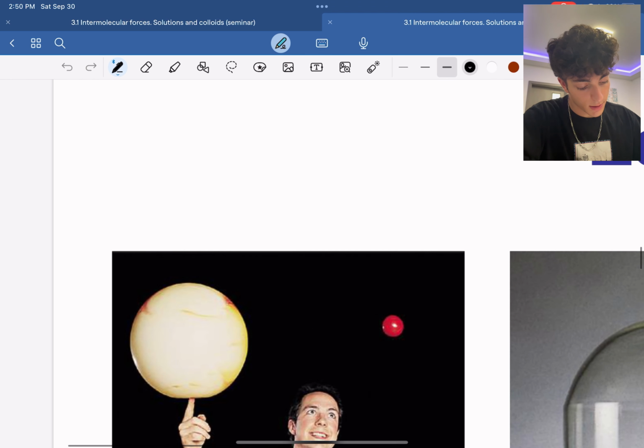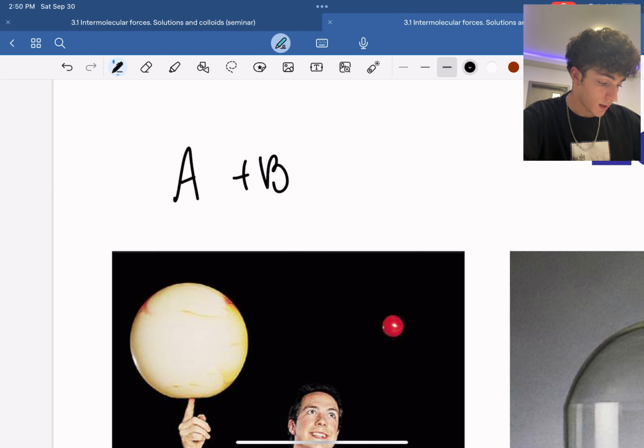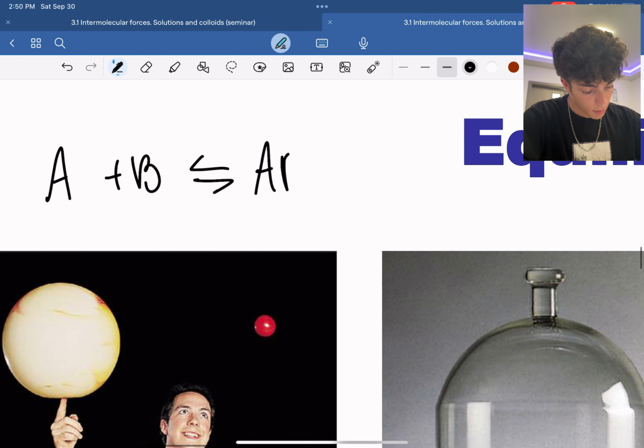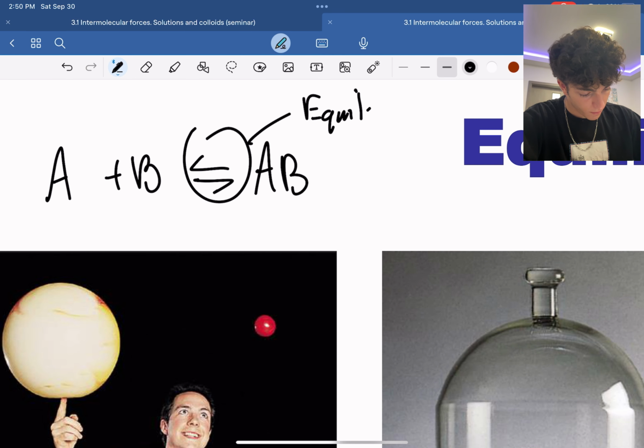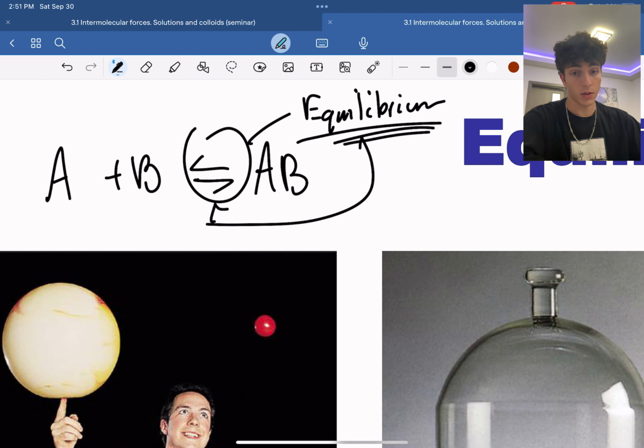And that's why, for example, let me just write a very simple equation. A plus B gives AB. This means that it's an equilibrium. Now, it does not mean that this reaction does not happen once we reach it.